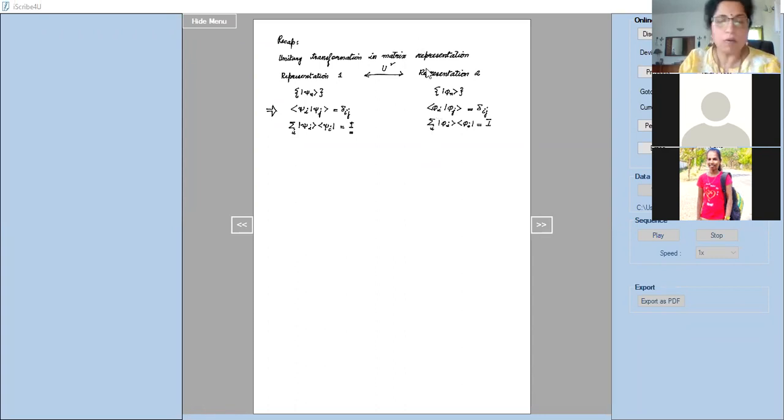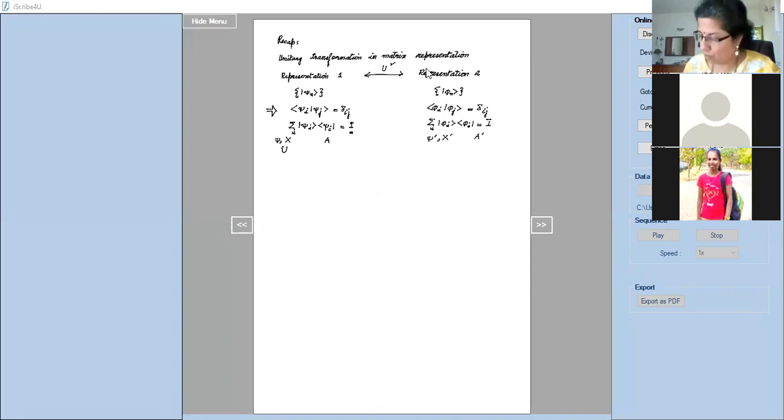Yeah. Now, what we essentially figured out last time is that if U is your unitary operator, you can essentially go from representation 1, where your wave function we write as psi, we write position as x, and operators we write as A. Equivalently, here you write psi prime, x prime, and A prime.